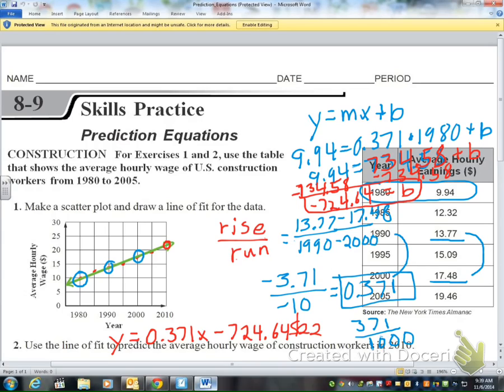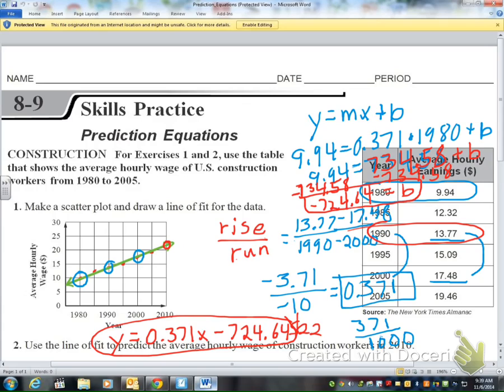724.64. Now, again, the important thing to remember here is my equation, your equation, could be two completely different things. If I had used 1990 and 13.77, this point here, instead of 1980 and 9.94, I would have gotten slightly different values. So it's not exact, but if I plug in, so we've talked about, what about in the year 2035?